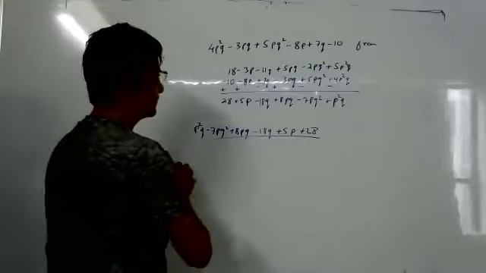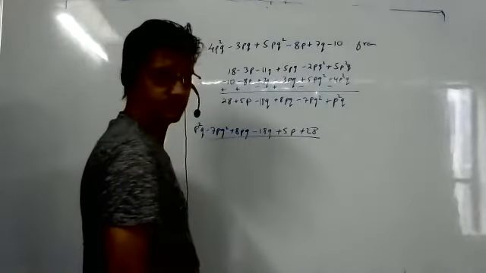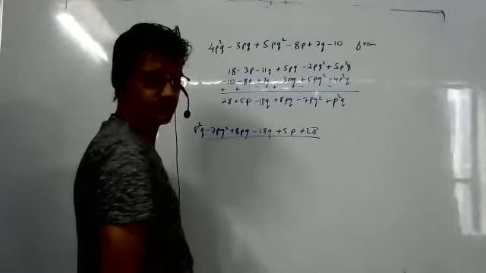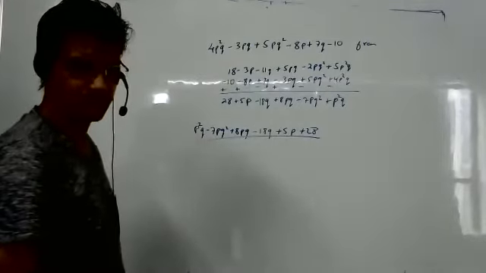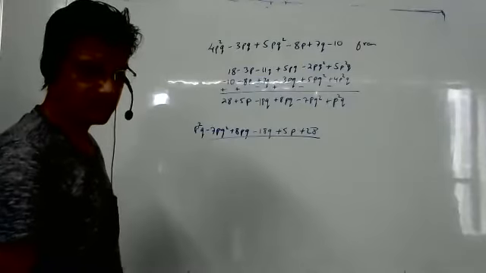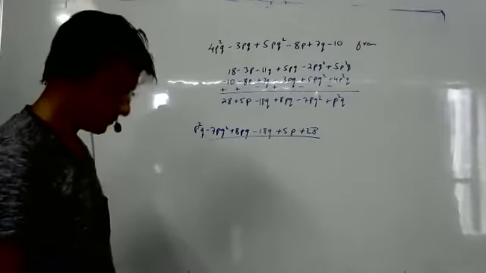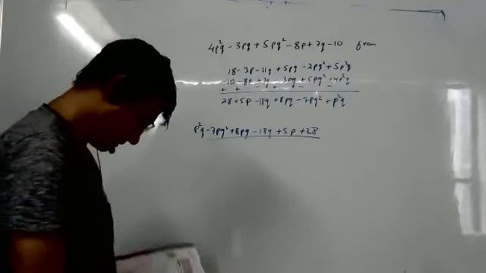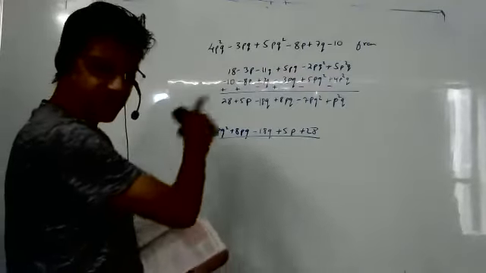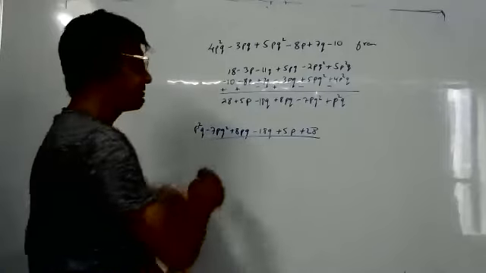Sir, the second one is AB plus BC plus AC, no, sir? Which second one? Third question, second one, sir. It is AB plus BC plus AC. He has asked me. I will solve it. You have written this one. Yes, sir.